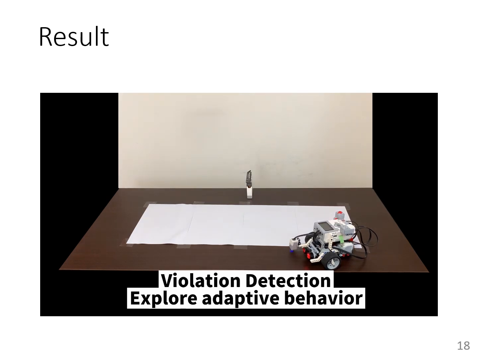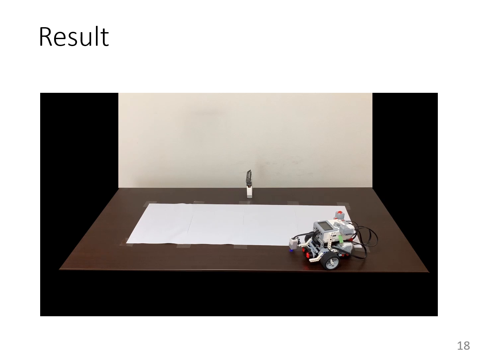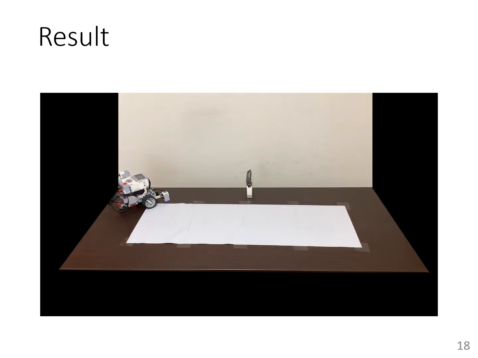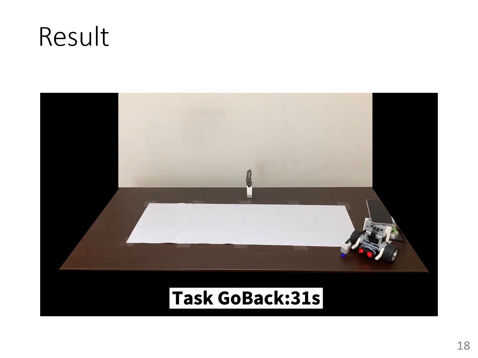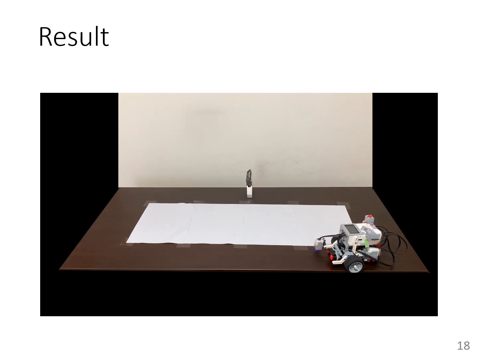At this point, the robot detects a violation and searches for an adaptive behavior. As a result, it finds an alternative component, back to base 2, which is faster, and switches its behavior. We can see that the return time is improved. As a result, the return time was reduced to 31 seconds.